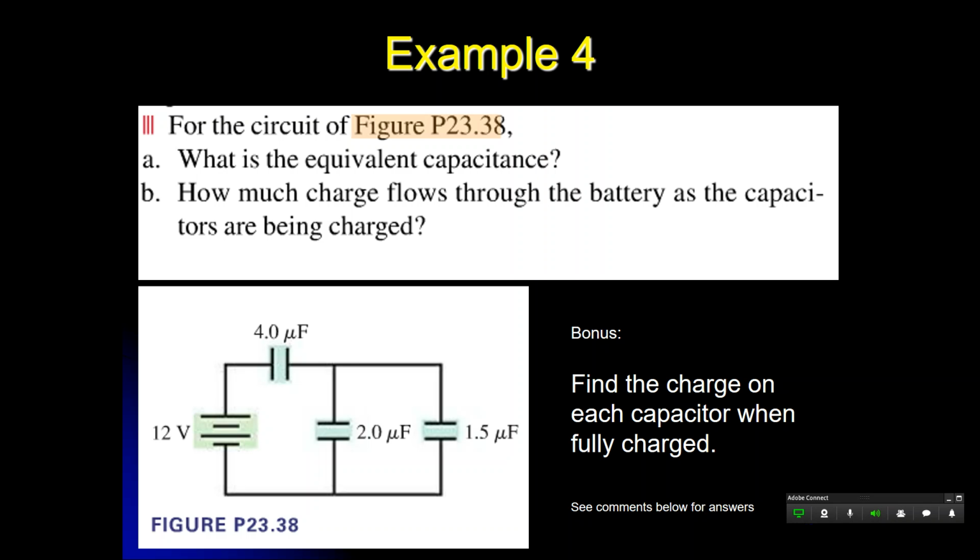How much charge goes to the battery? C'est ça, j'ai total charge. Non, mais si moi j'ai écrit total charge, ça marche tout ça, non? Total charge.